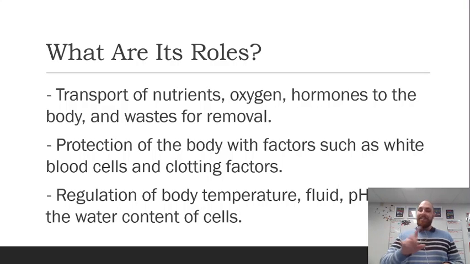The last thing there is the water content of cells, but we'll get to that. That's not the most important thing. Neither is the blood temperature, frankly, and the fluid. You would have heard something along the lines of it being cold-blooded and warm-blooded last year, probably, when you were talking about adaptations, and you talked about ectotherms and endotherms. It has something to do with that.